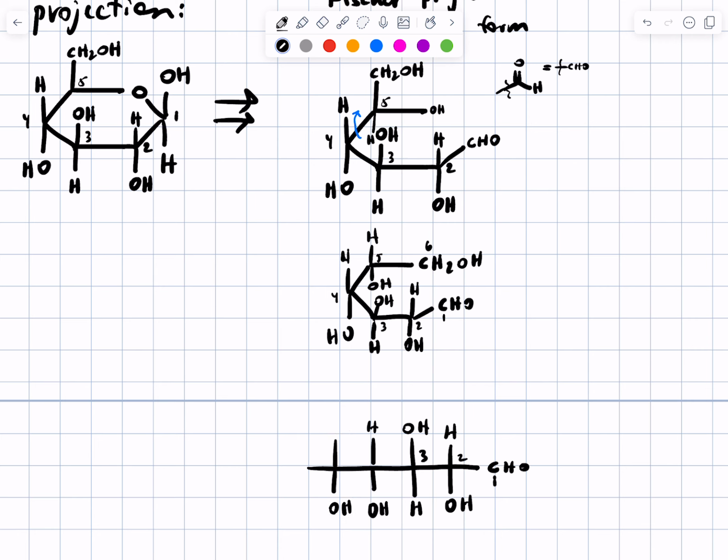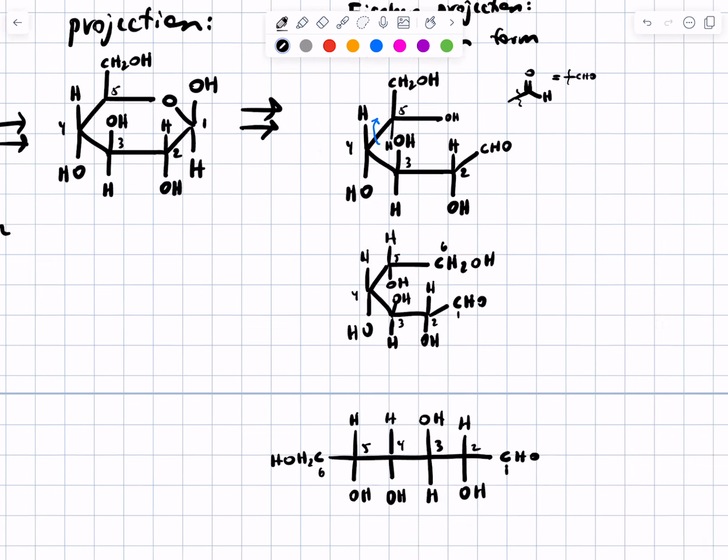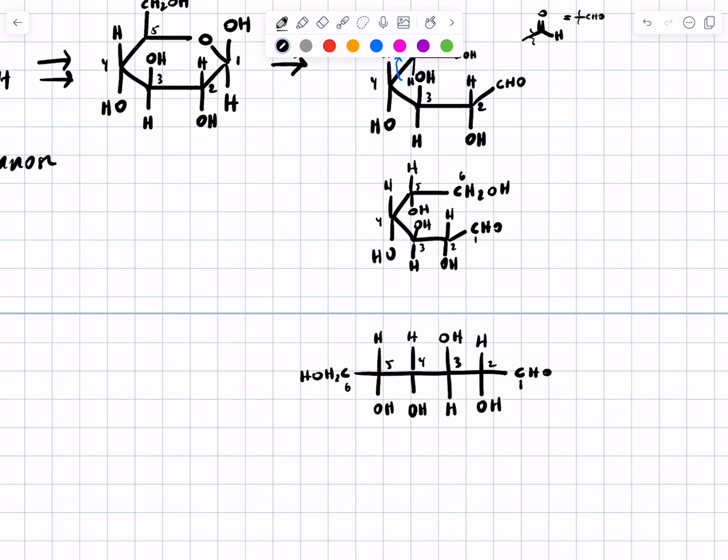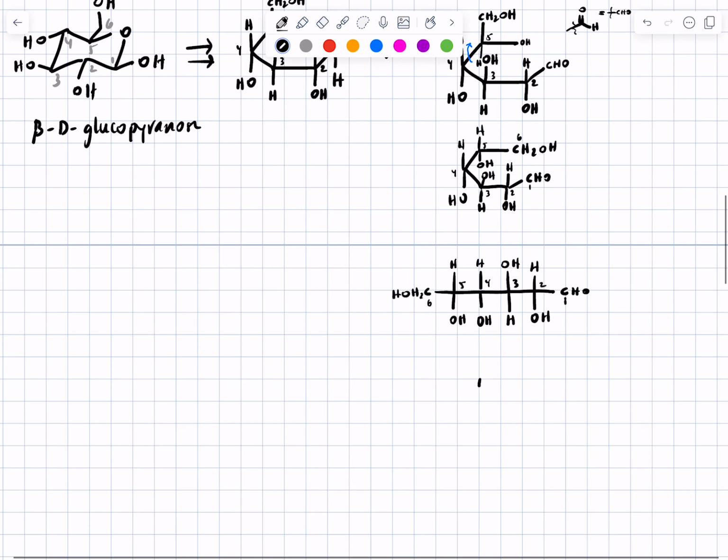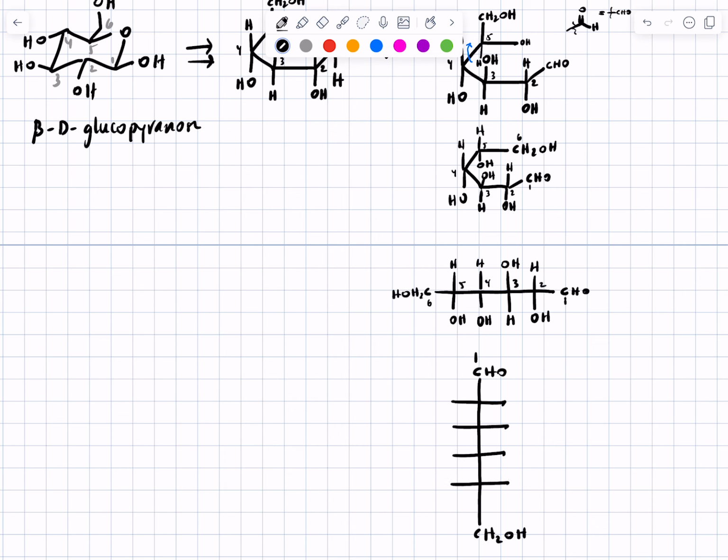All right. Are we better on carbon 5? Are we all in agreement there? Basically. That's carbon 6. Okay. That's the Fisher projection, only it's traditional to rotate it up like this. Put carbon 1 at the top, carbon 6 at the bottom, and then use lines for carbons 2, 3, 4, 5, and 6.